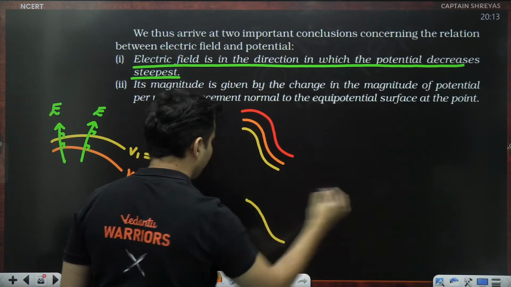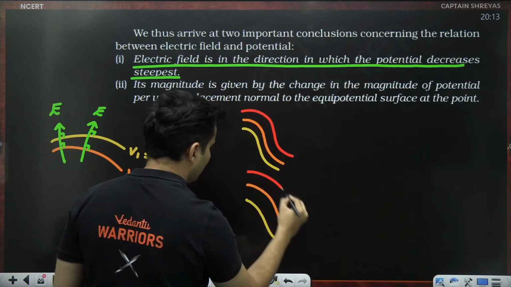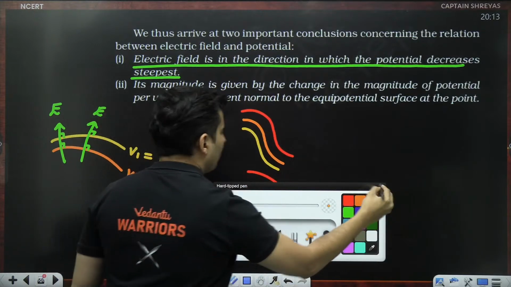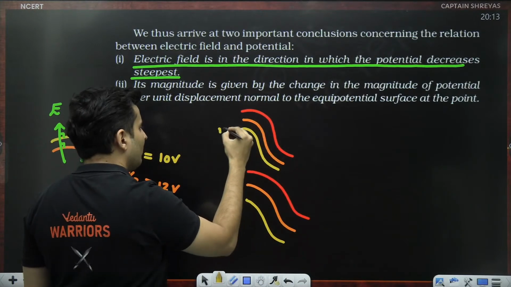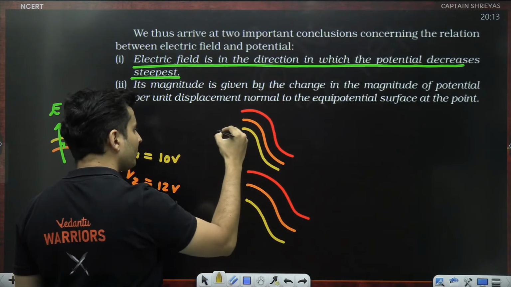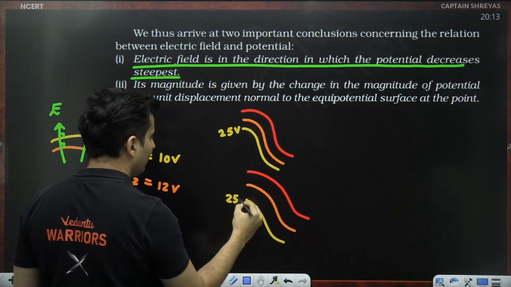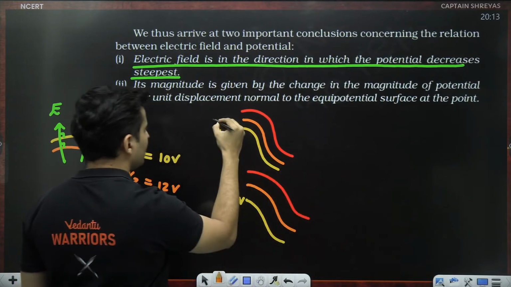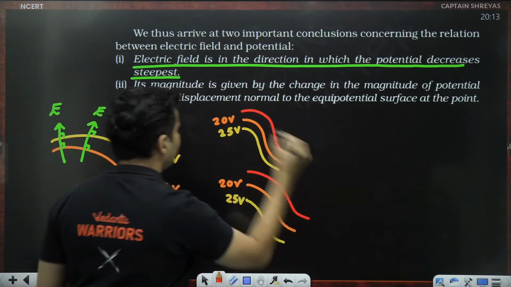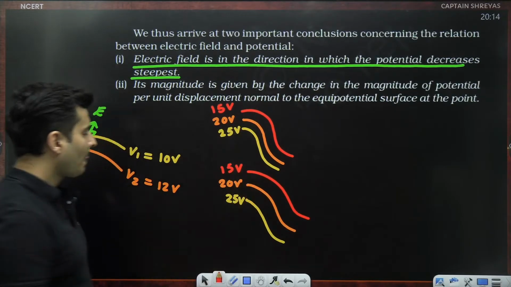The gaps differ, but otherwise, for example, this is 25 volts. This is also 25 volts. This is 20 volts. This is also 20 volts. And let's say this is 15 volts. This is also 15 volts.